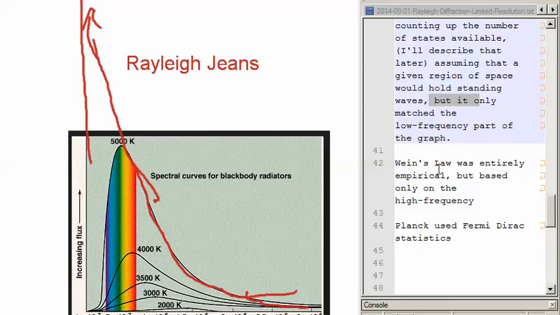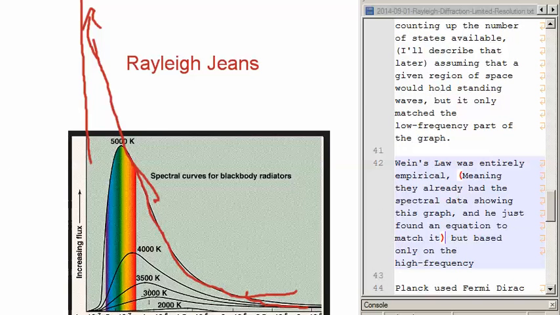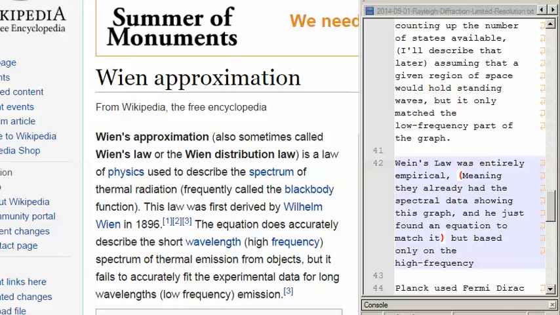Now, Wien's law was entirely empirical. It was based on, meaning they had already found this spectral data showing this curve, and he just found an equation that matched this part of it that would come up like this, and then would just kind of go up like that. And that is, I shouldn't call it Wien's law, I should call it Wien's approximation.